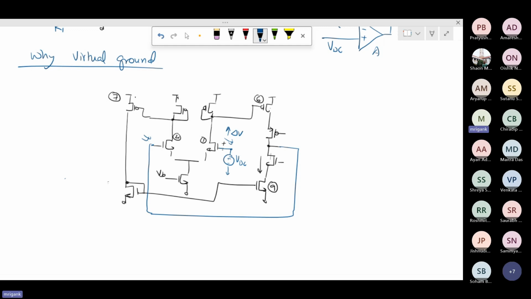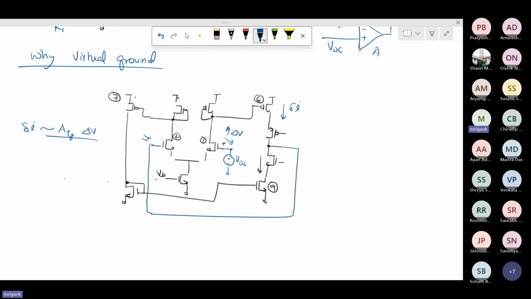Any difference between the two levels, VG1 and VG2, will produce a net delta I. That net delta I is ultimately dependent upon the small signal gain, the transconductance gain times delta V. I would call it transconductance, so Gm times delta V. So as long as there is a difference in delta V, there is a non-zero small signal current flowing at the output.